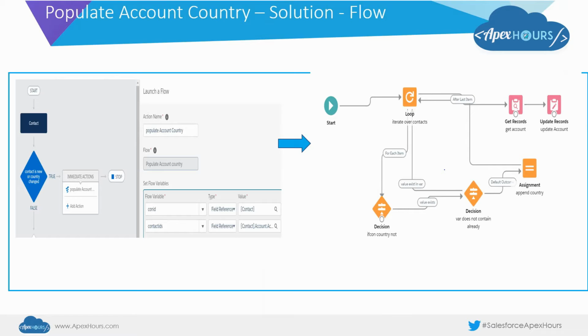Inside the flow, we will iterate over all these contacts, get the country value and concatenate it to a temporary flow variable. At the end, when the looping is completed, I am going to retrieve the account again and update the account with the concatenated country value. This is how the flow is getting executed.